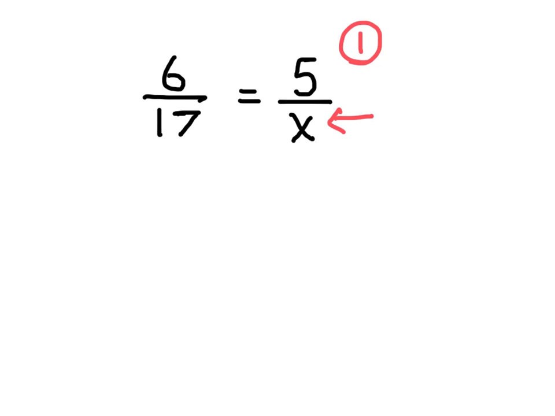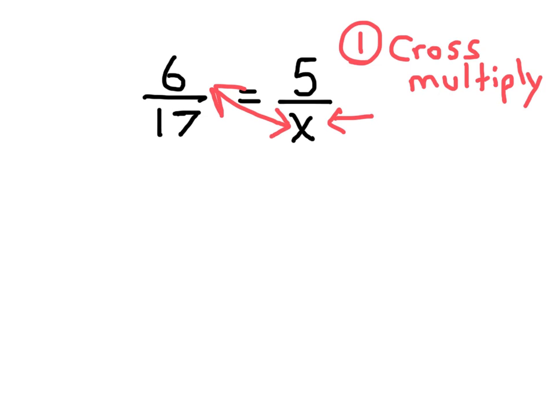So step 1, cross multiply. And what we mean by that is I'm going to multiply x and 6, and I'll multiply 17 and 5. Because in a proportion, the cross products are always equal to one another. So this is what allows us to do that.